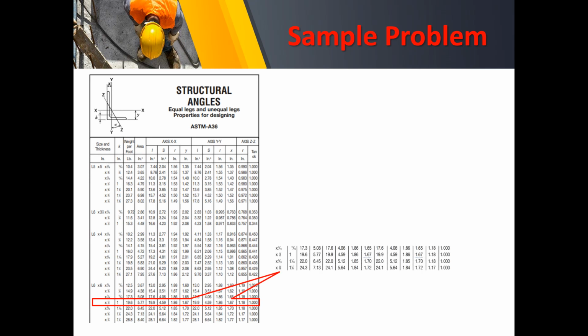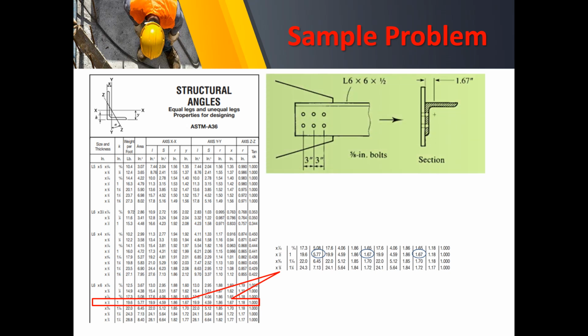We can see here that the values of x-bar and y-bar are equal, since we have equal legs for that angle. So we need that value, and of course the area in square inches.